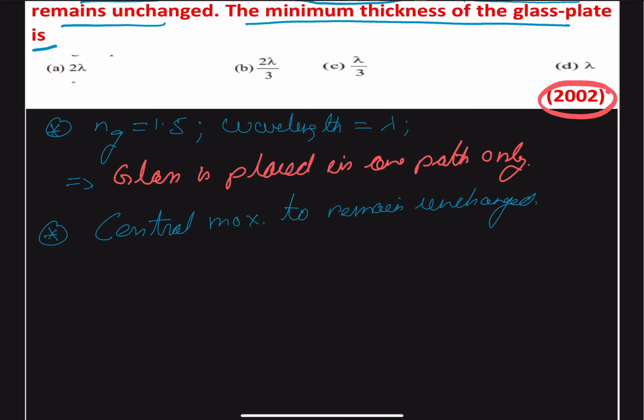So from here we can draw an important conclusion. That means no net phase difference. And based on this, we are going to find our minimum thickness.